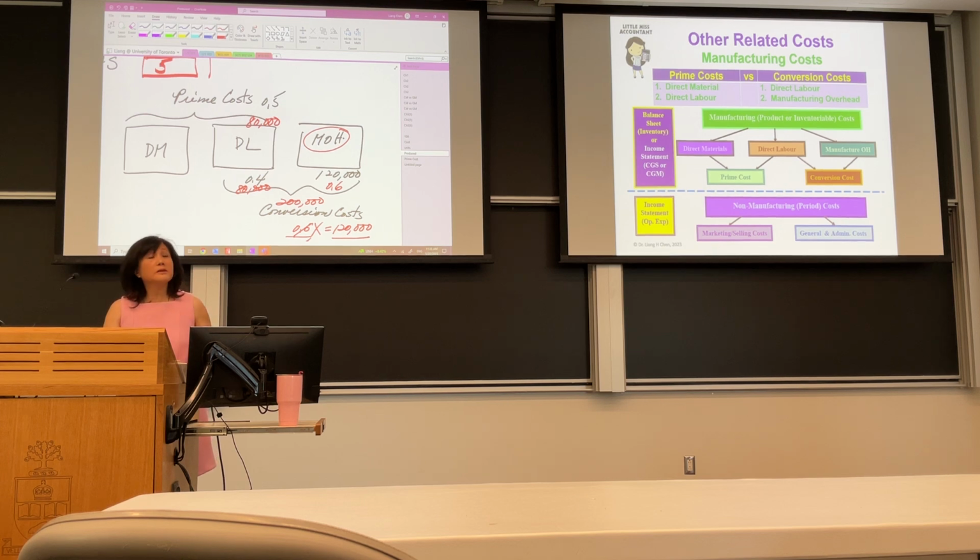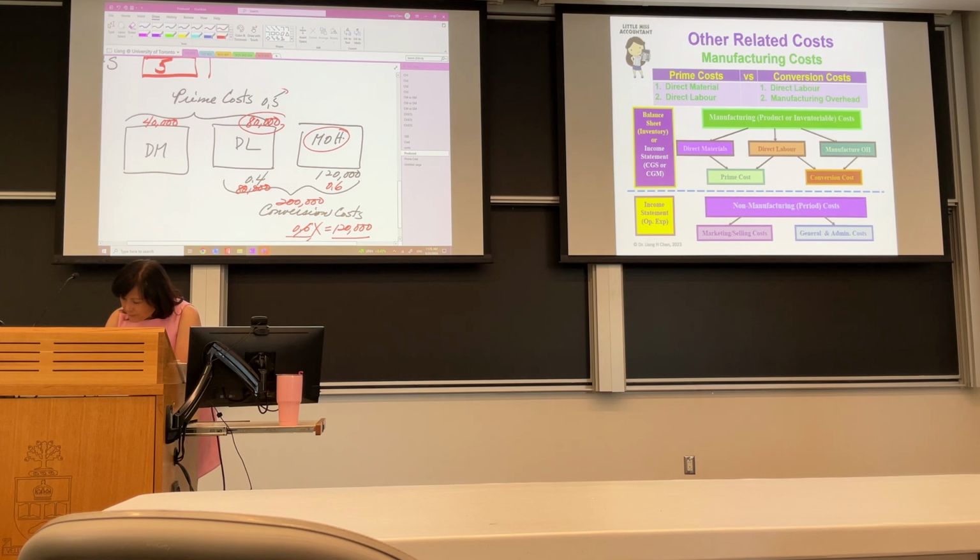So how about direct material? Direct material is 50% of this. 40,000? Is that right?